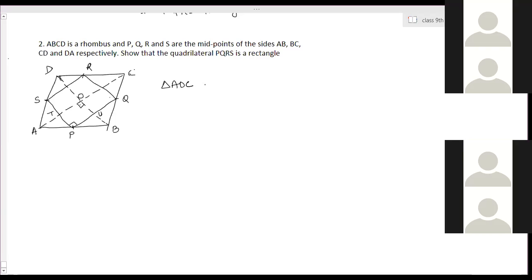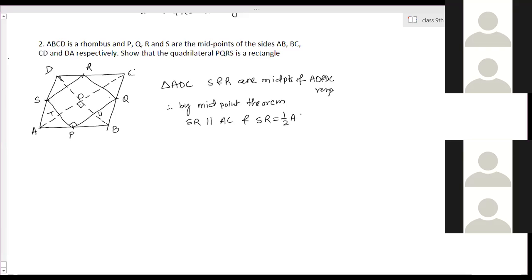In triangle ADC, S and R are midpoints of AD and DC respectively. So therefore, by midpoint theorem, SR is parallel to AC and SR is equal to half of AC. Consider this equation 1.